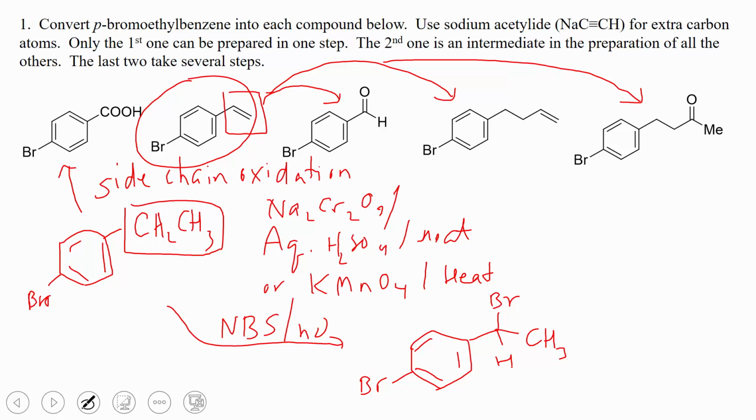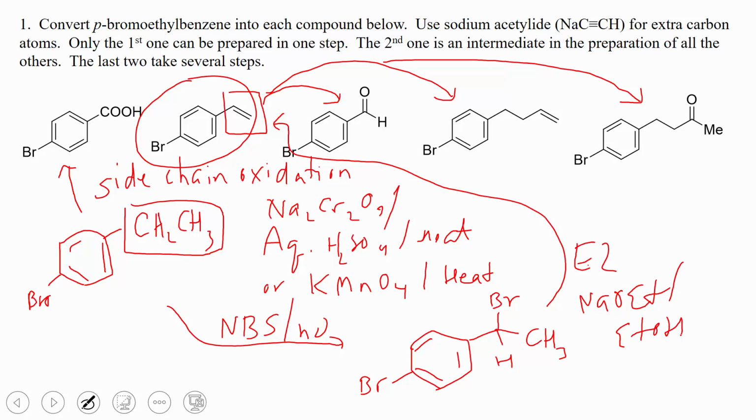It's more useful than bromine because it serves as a source of bromine at low concentration, so it's preferred over bromine itself. And once you turn it into this compound here, you just do an E2, and a good reagent for that is sodium ethoxide and ethanol.